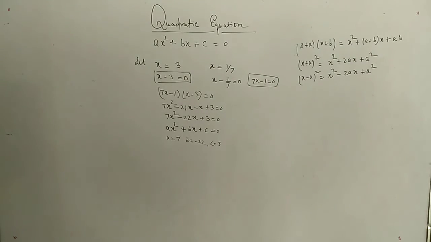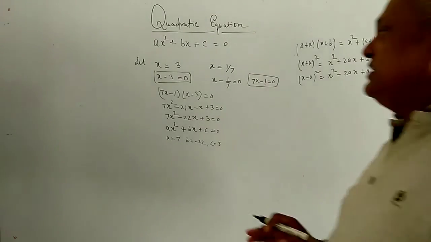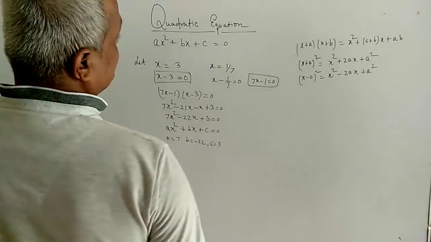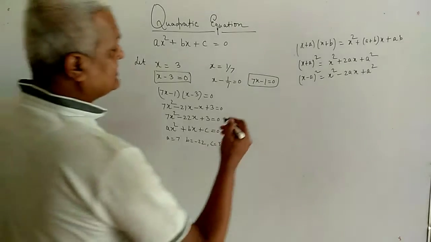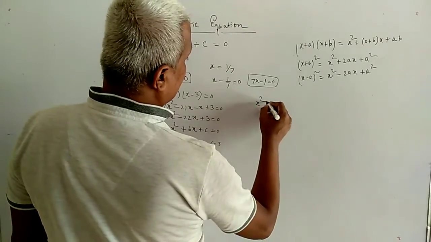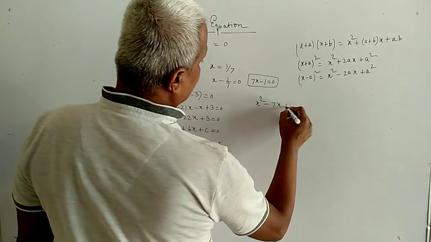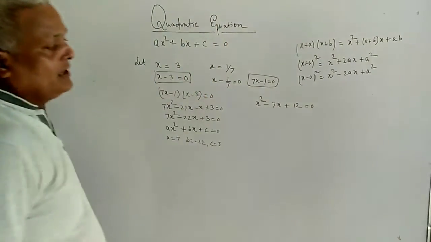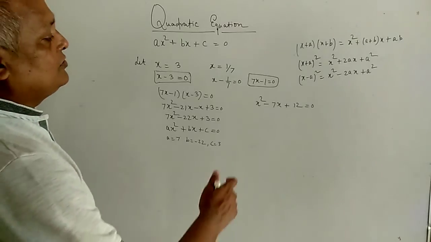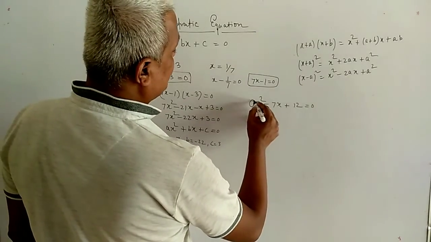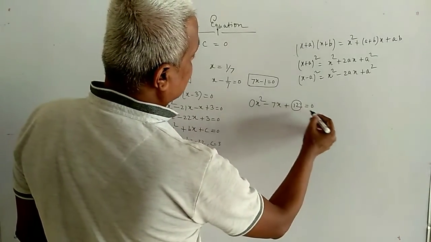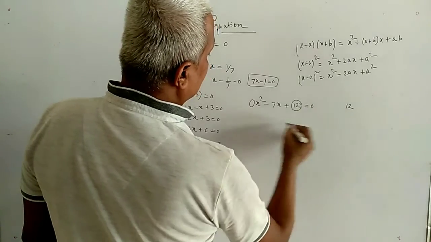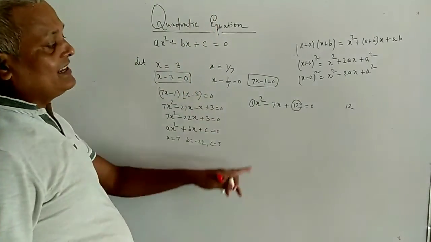But I mean to say that this is the general idea of how to solve a quadratic equation. You know that to solve quadratic equations you have been taught a method. Suppose I take an example, like x square minus 7x plus 12 is 0. You might have been taught to multiply the coefficient of x square with the constant term, and the product you get is 12, because the x square coefficient is 1.